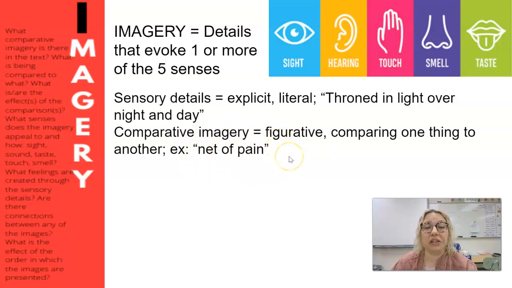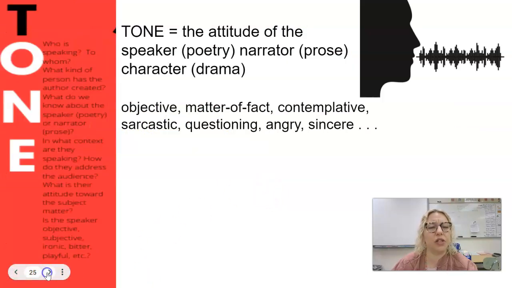There was not a literal net that's trapping people because of their fate and what the gods have in store for them, but rather it's a figurative net made up of various circumstances and their consequences. So that imagery is comparative. So look for both of those when you're looking at imagery.